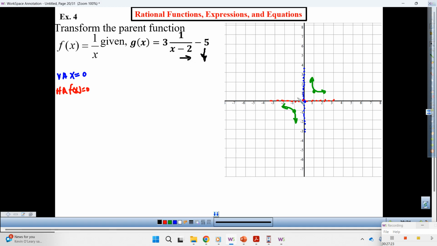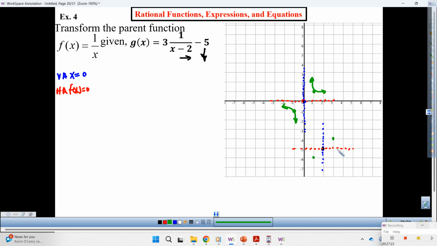Yes, so I'm going to start at the center. I'm going to move first my asymptotes, 2 to the right, 5 down. So my new asymptotes are down here for the vertical and the horizontal. All right, if I was to go with the original points, it would be 1 to the left and 1 down, 1 to the right and 1 up.